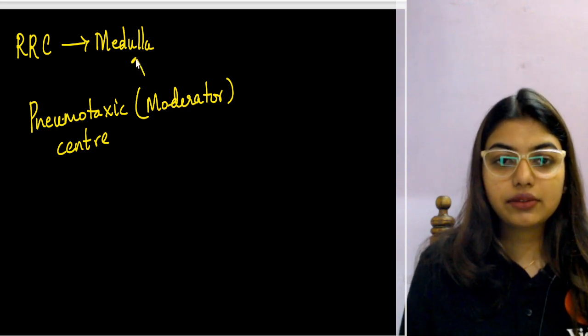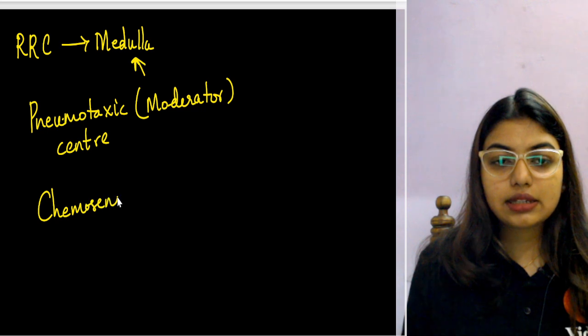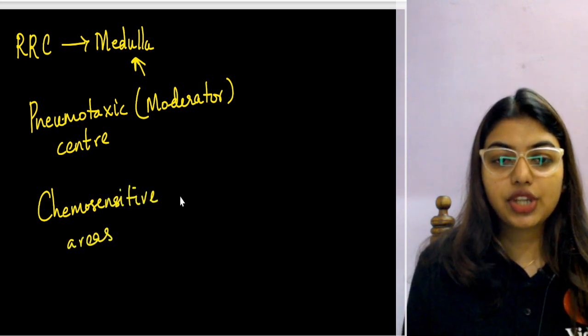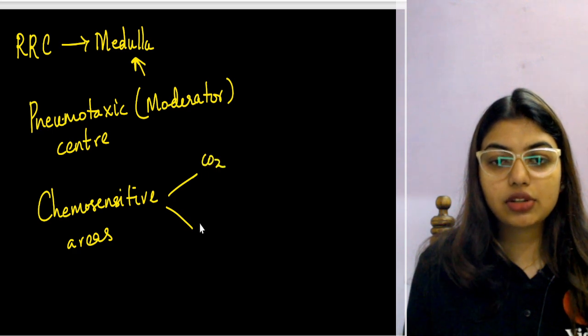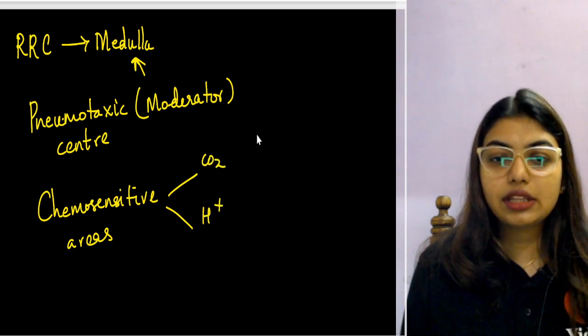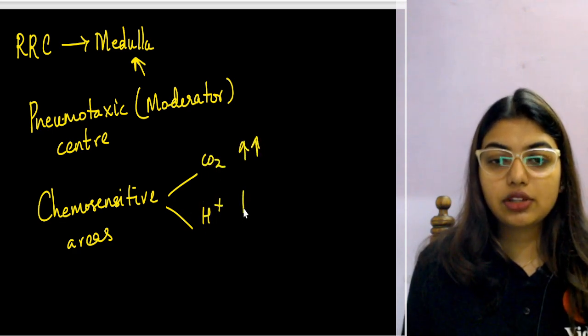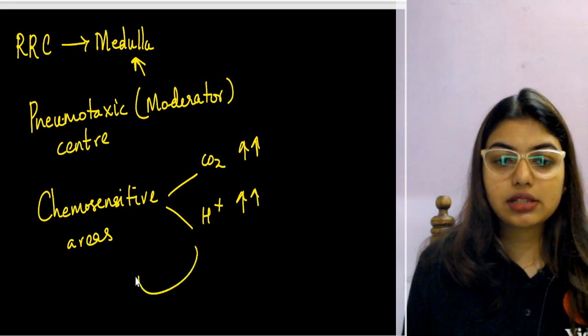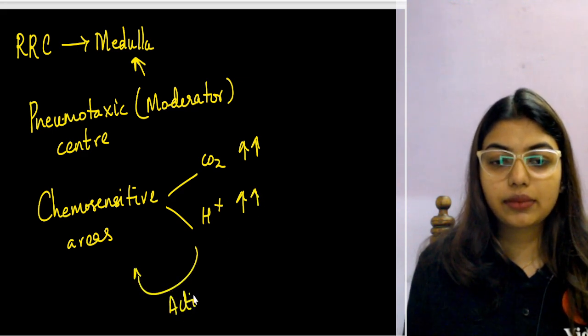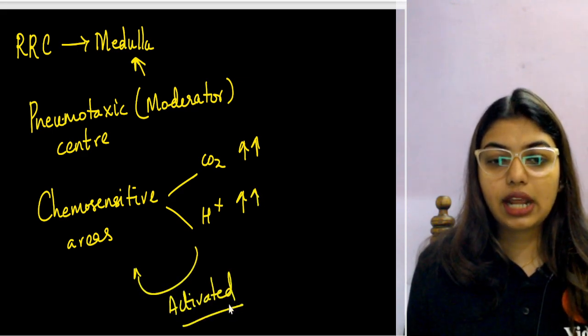Then we have chemosensitive areas, which check the concentration of carbon dioxide and H plus. When these two are high, automatically the centers are going to get activated.